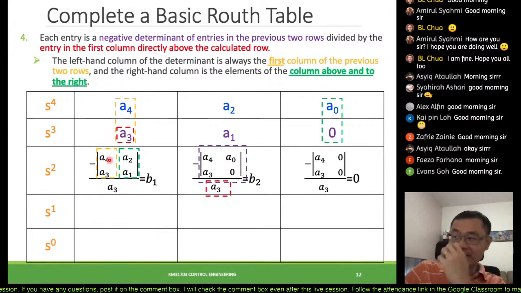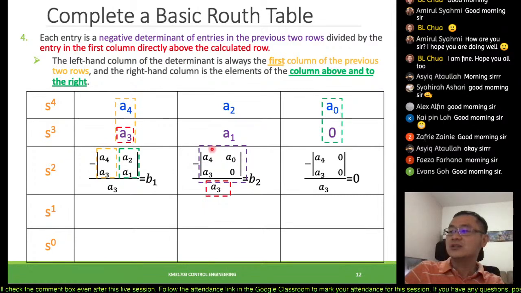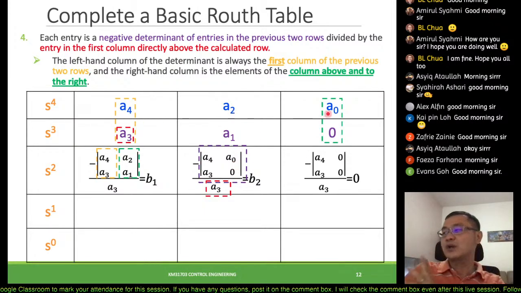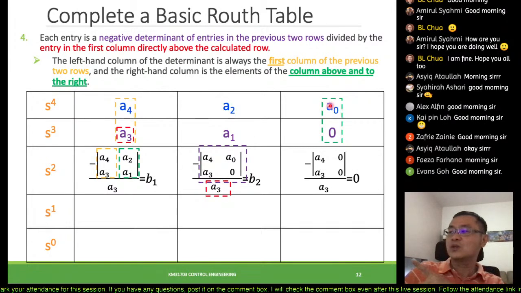The only thing changed in our determinant is that the first column remains unchanged, it's still A4 over A3. The only change would be the second column, which we shift to the next one, which is A0 and 0.